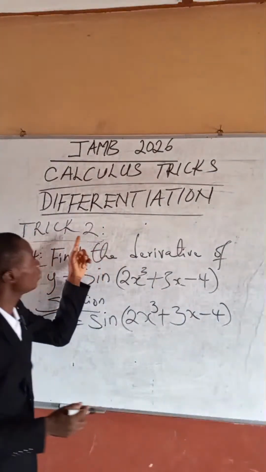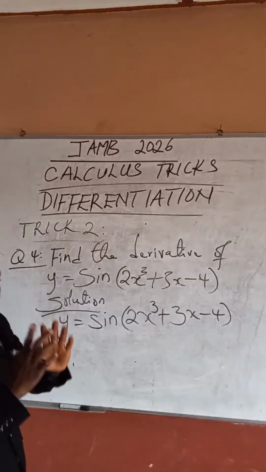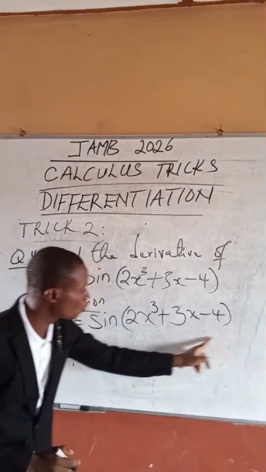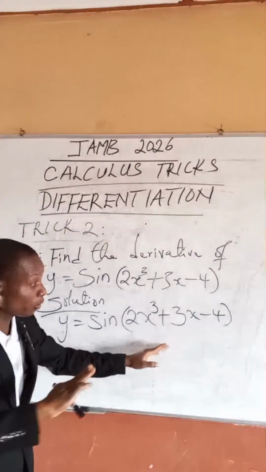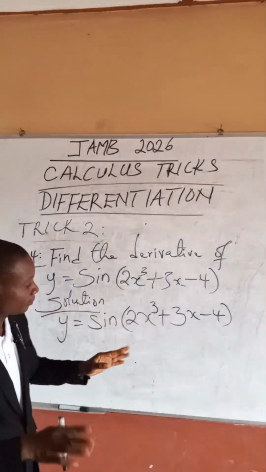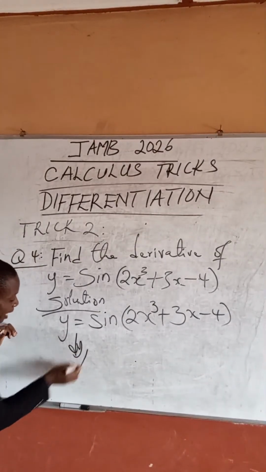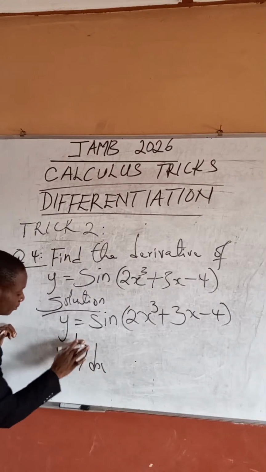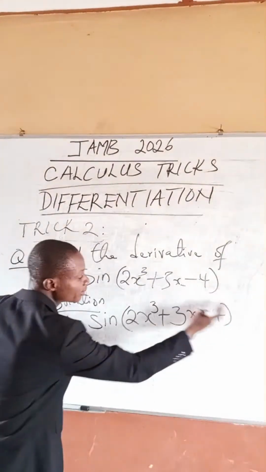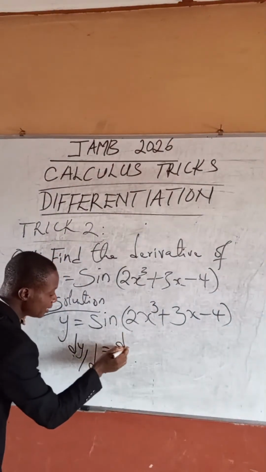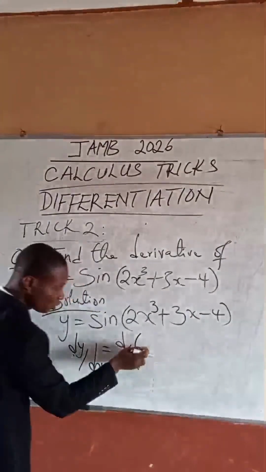Now, we are going back to trick 1, not 2. Trick 1 is that we are going to differentiate this one. Forget about the length, it does not matter. It is an algebra. They may be long. So that is dy/dx. dy/dx is equal to, let's start with this, d/dx of sine(2x^3 + 3x - 4).